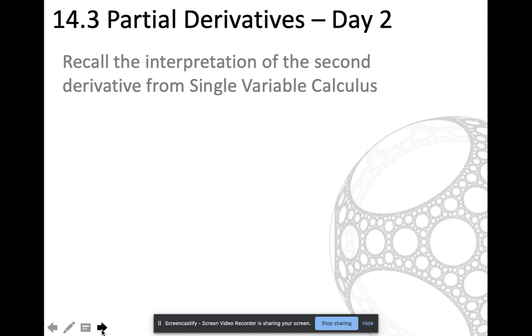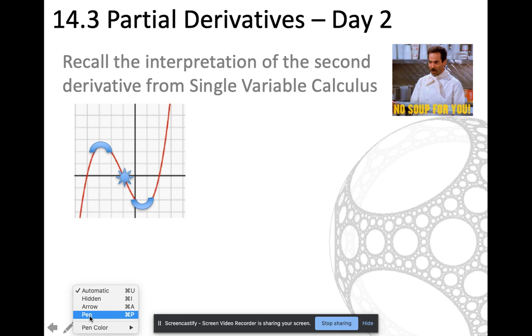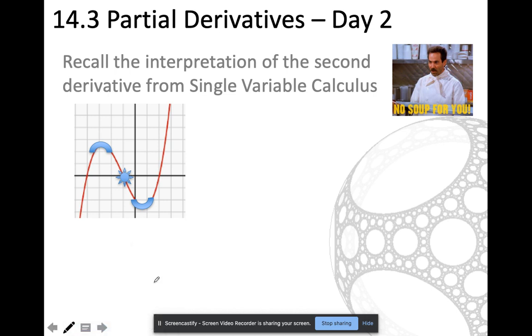All right, so remember what we were doing with the second derivative in Calc 1, right? No soup for you. Do you remember that concavity? Where I talked about the first part of that graph, right, being concave down, and the second part being concave up, and where you change concavity is called the point of inflection, right?